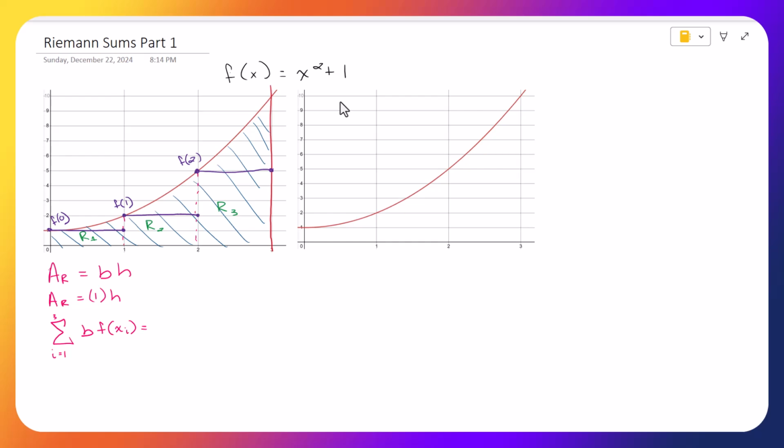Okay, and then f of 1 is 2. And then plus 1 times f of 2, which is 5.